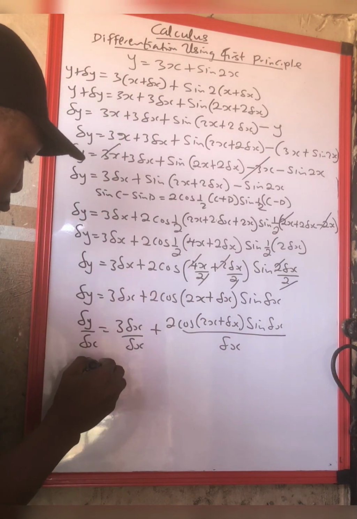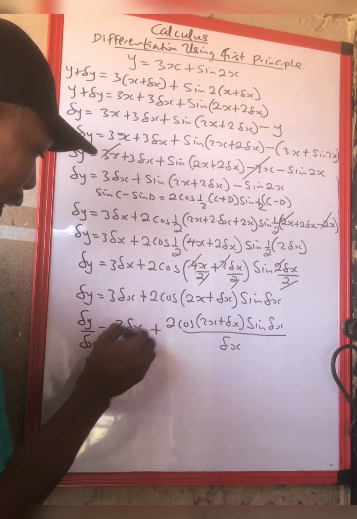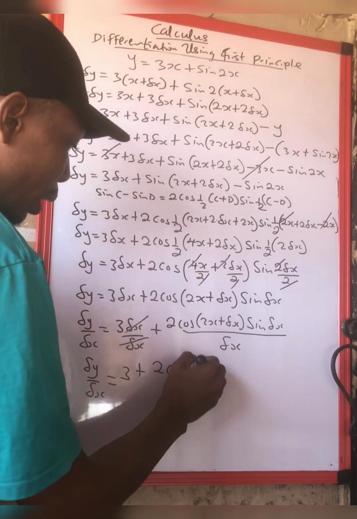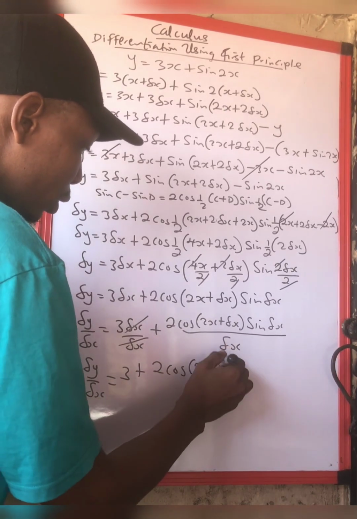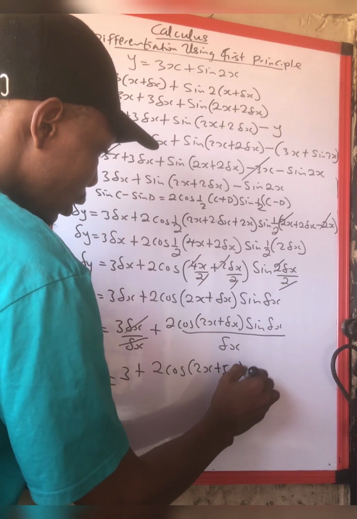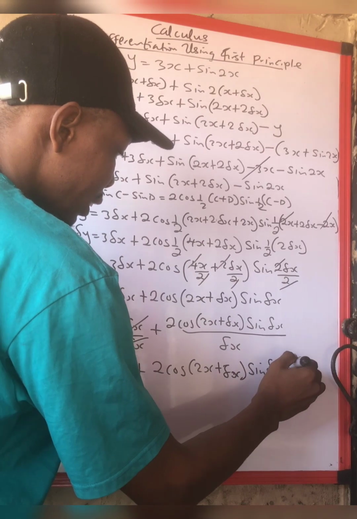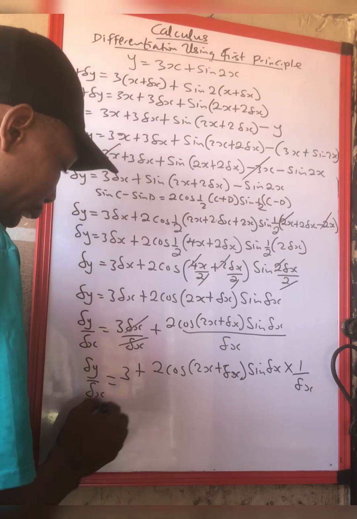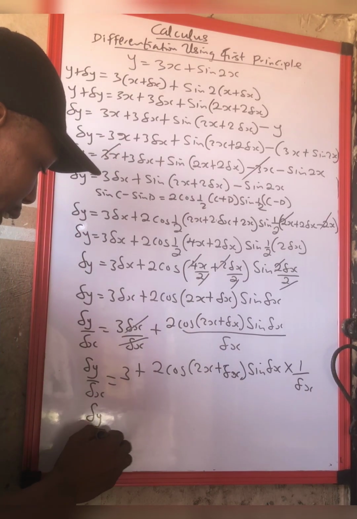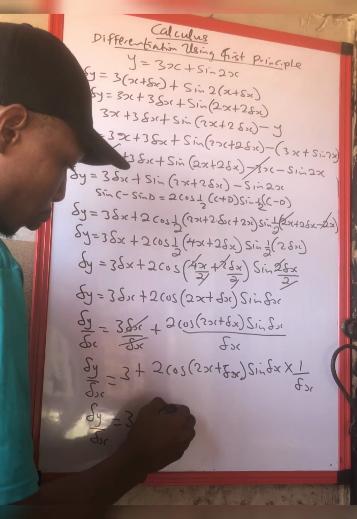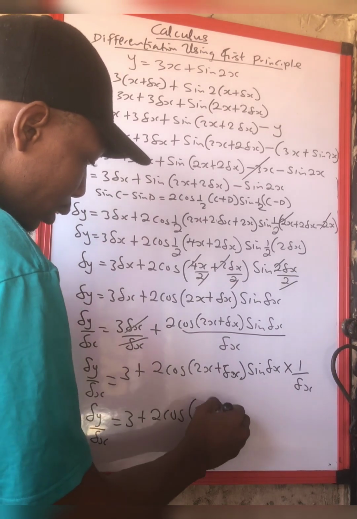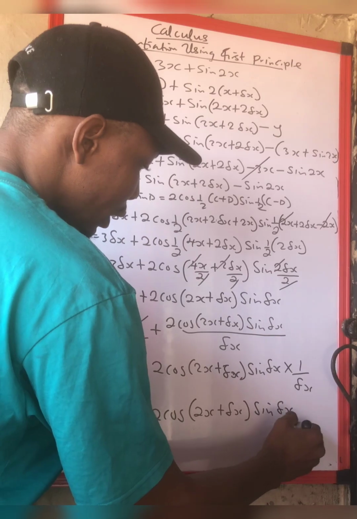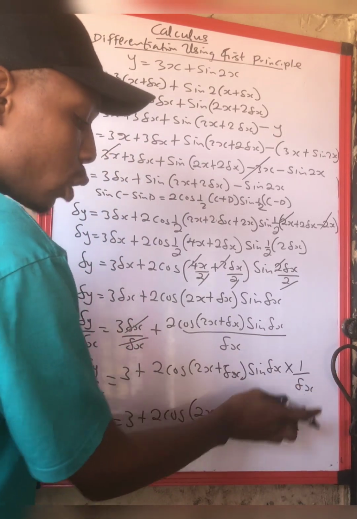So this is Δy over Δx equals, this can cancel out this, we are left with 3, then plus 2 cos bracket 2x plus Δx, then times sine Δx over Δx.